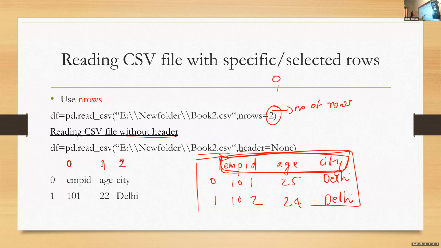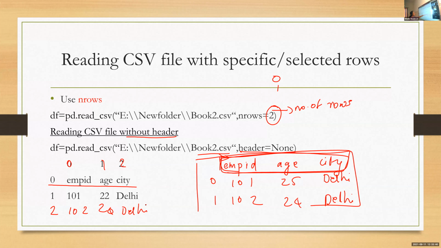The header names EMPID, age, and city are converted to the 0th row. Then the second row is 10224 Delhi. This is the output after executing this header equal to none parameter. That is, the column headings are converted to the first row value with 0 index.